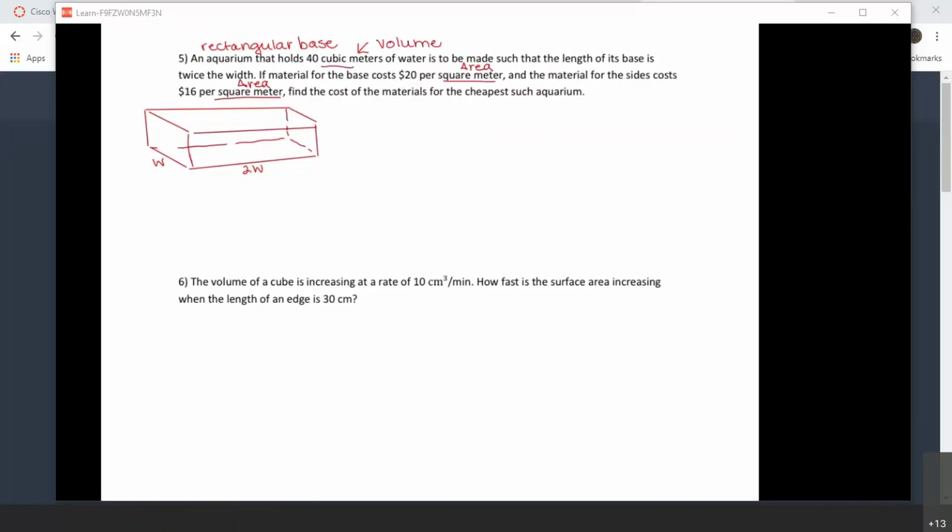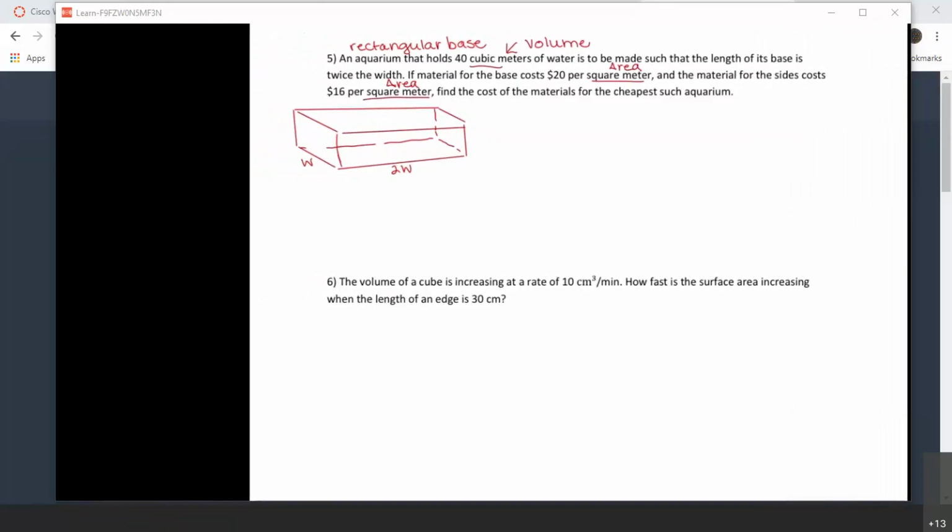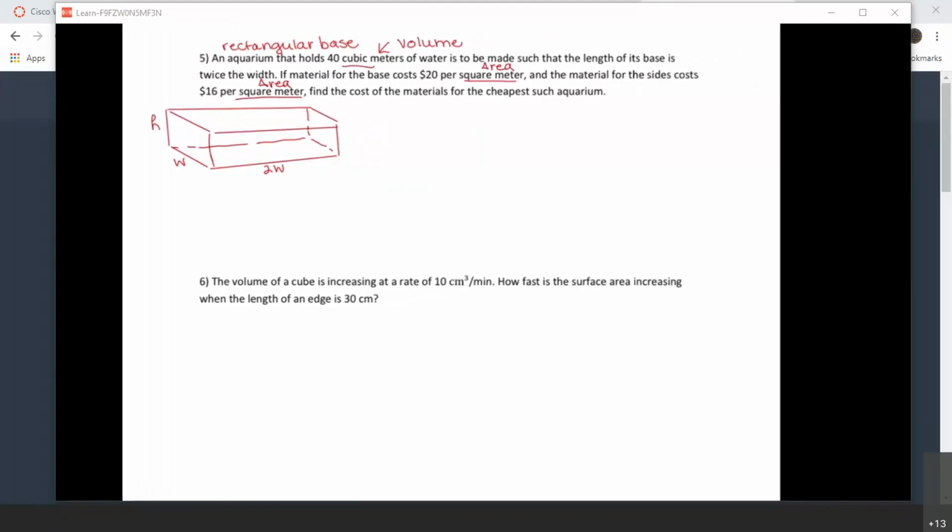Remember, it's a 3-dimensional thing. We've got its length and its width. We need its height, right? Where are we going to get that from? We're going to get it from the volume.